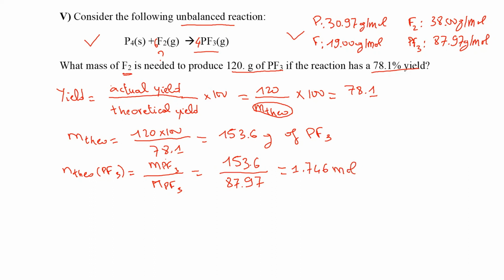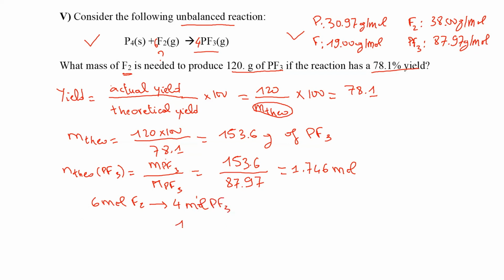mole. Okay, and from our balanced reaction, we know that we'll need 6 mole of F2 to produce 4 mole of PF3.